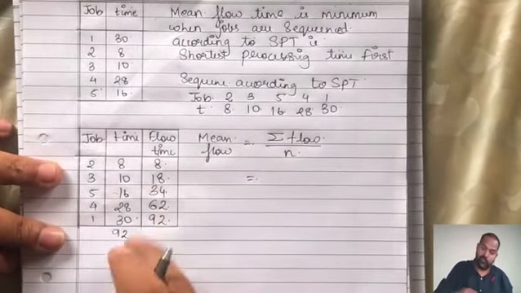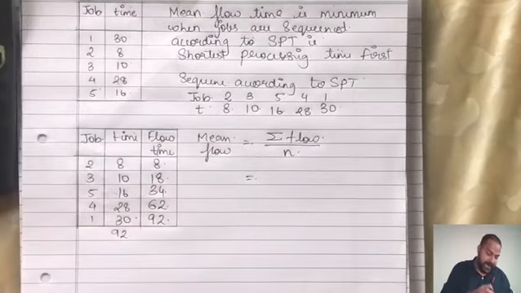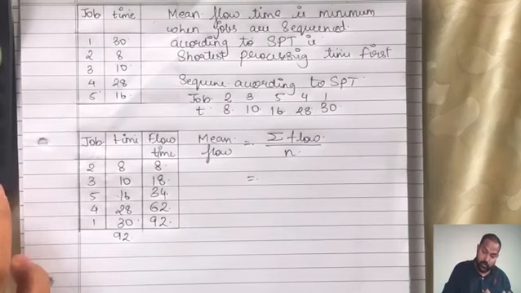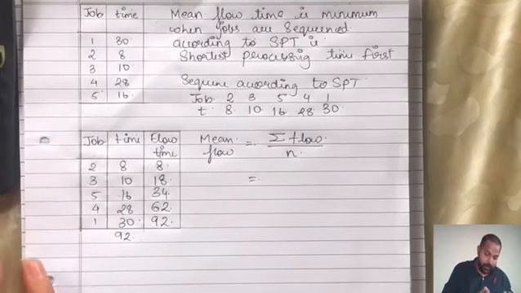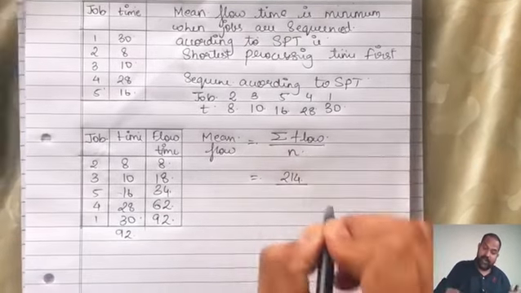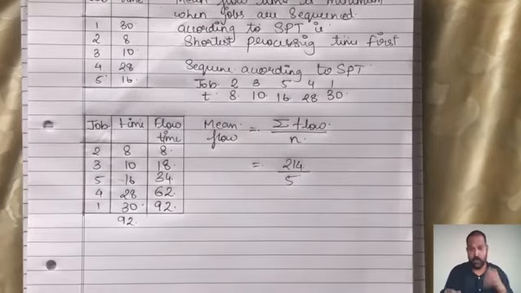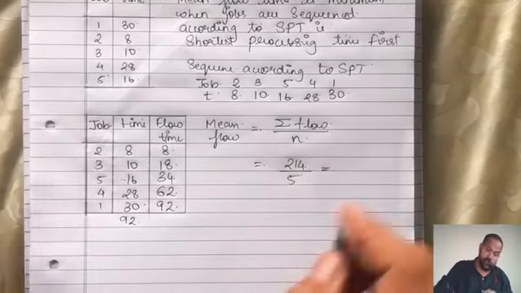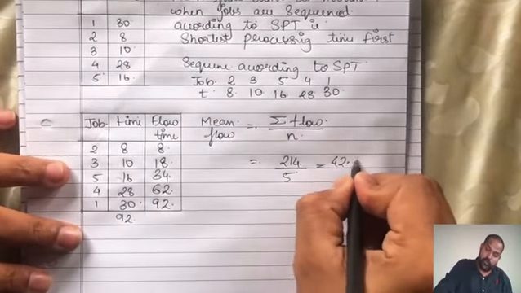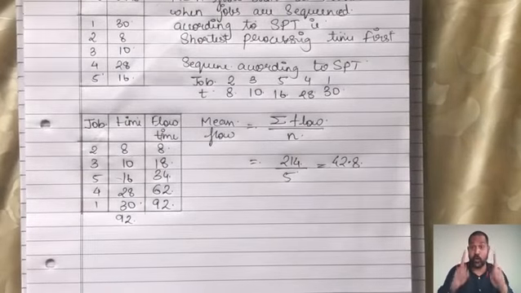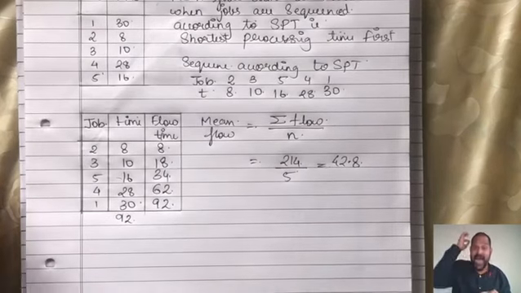So the sum of all the flow times is going to be 8 plus 18 plus 34 plus 62 plus 92, which is 214, divided by 5 jobs. This total flow time is for 5 jobs in total. 214 divided by 5 jobs is 42.8. This is the mean flow time if you sequence according to SPT, that is shortest processing time first.